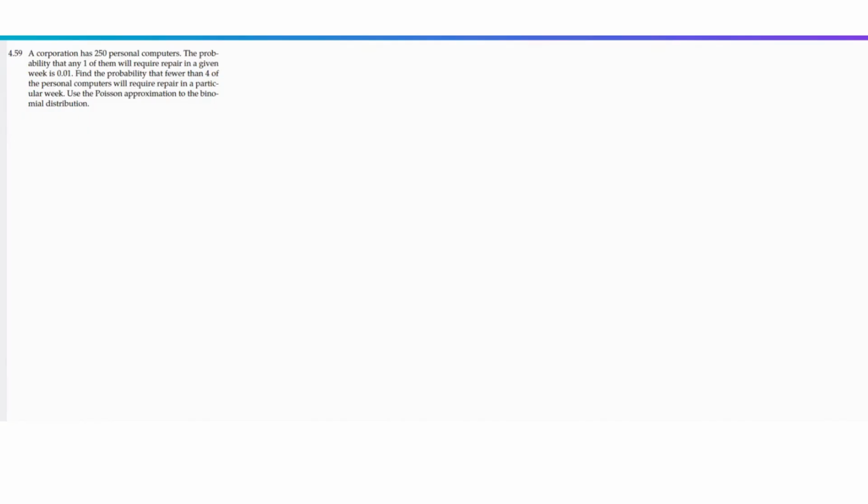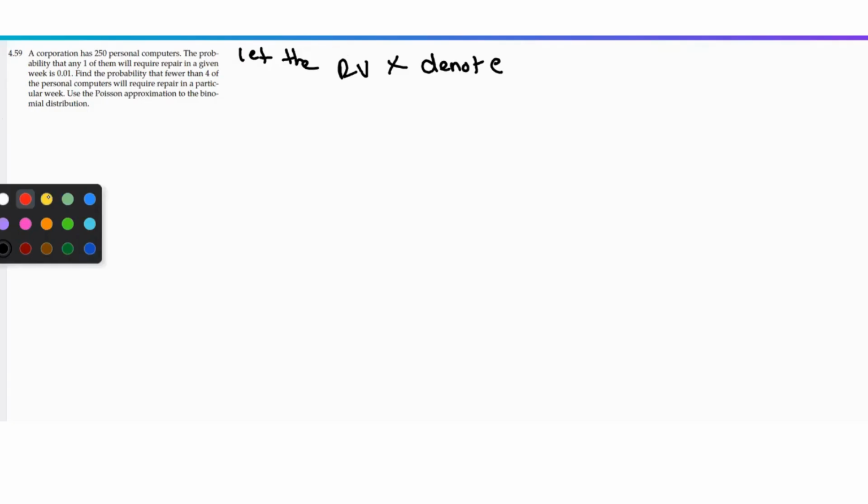Okay, so let's first define a random variable. So let the random variable x. So what are we interested in? We're interested in the number of personal computers that will require repair in a particular week, right? So let's highlight what we are interested in, and we'll define a random variable based on the personal computers that will require repair in a particular week.